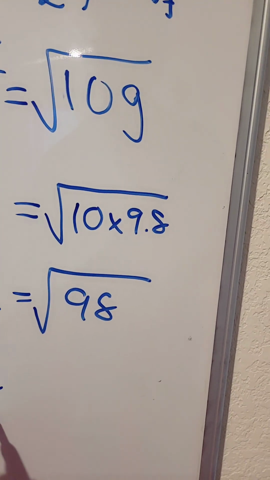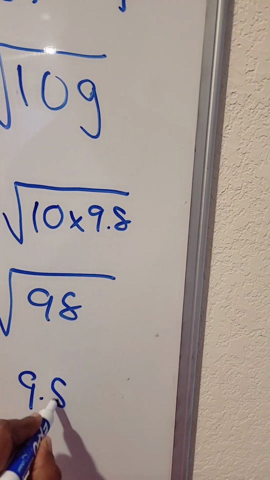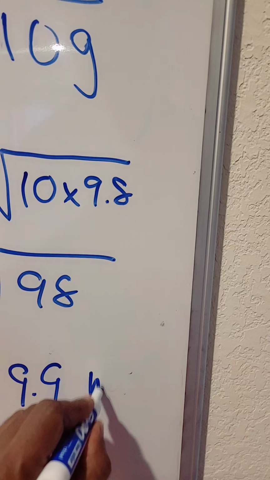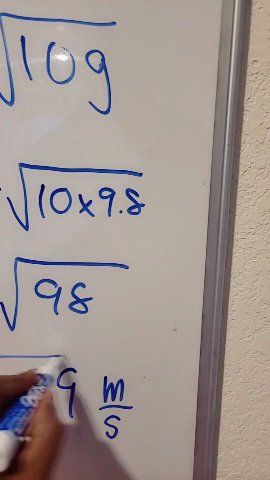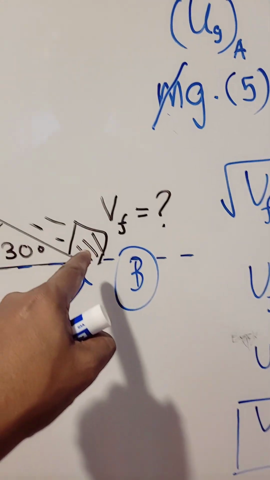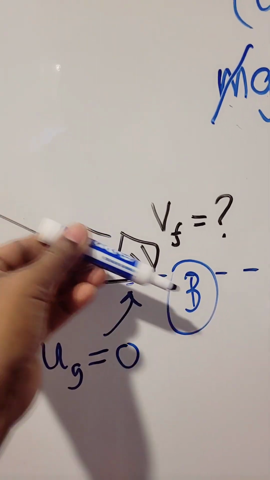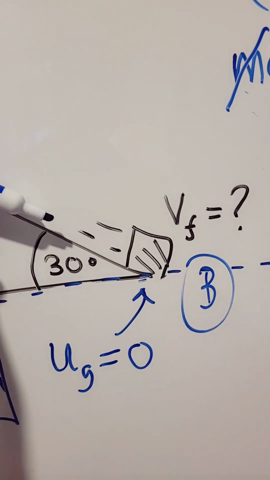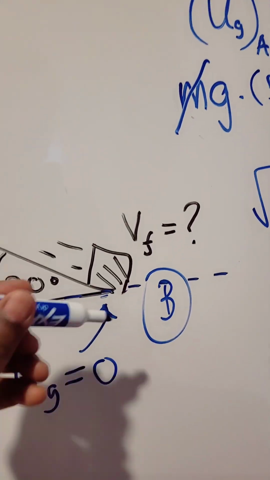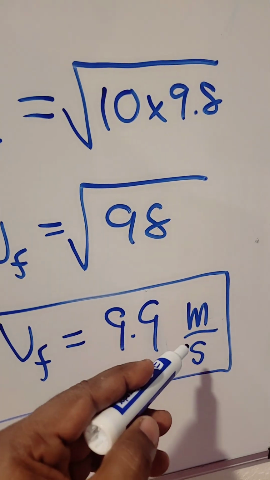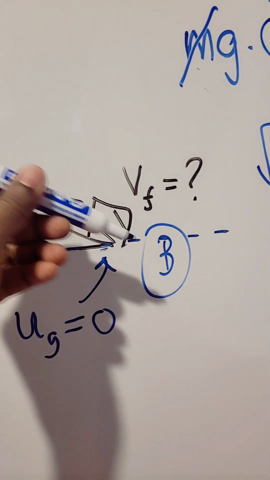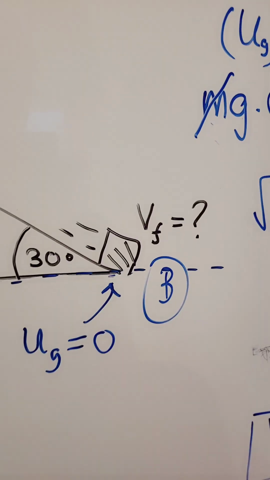So v final is going to be 9.9 meters per second. That's the speed of the object when it's at that point. Its direction, if you're thinking about the velocity, is like that. So at that moment it has a speed of 9.9 meters per second in this direction, sliding downward.